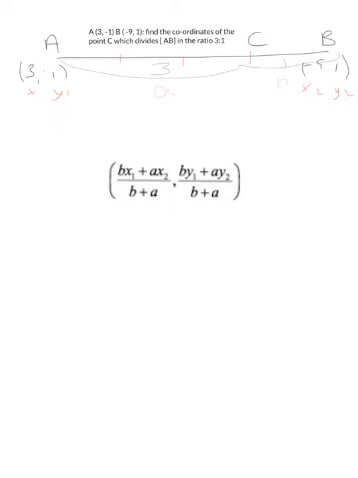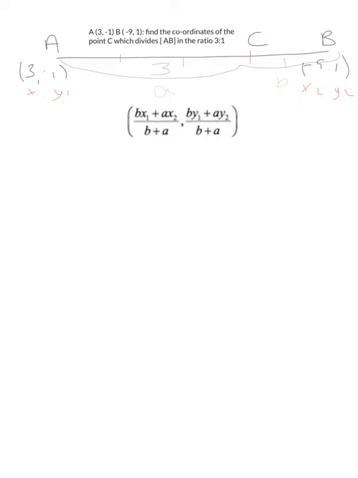So for the formula to work, it's B times x1 plus A times x2 all over B plus A. And to get the y value of the C, it's B times y1 plus A times y2 all over B plus A. I have all my values: my x1, y1, the A, the B, and the x2, y2. So now I can just easily slot it into the formula.